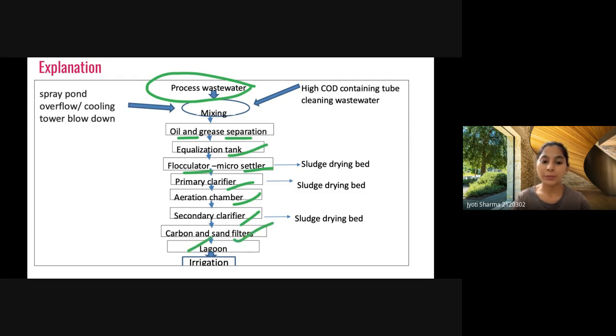Then we will use the lagoons, and whatever purified water we have, we will use in irrigation. In the primary clarifier, secondary clarifier, and settler, we have to remove some sludge, and that sludge we have to dry in the drying bed, so that we can either use it or sanitary landfill it, right?